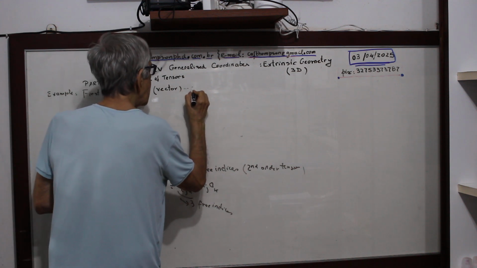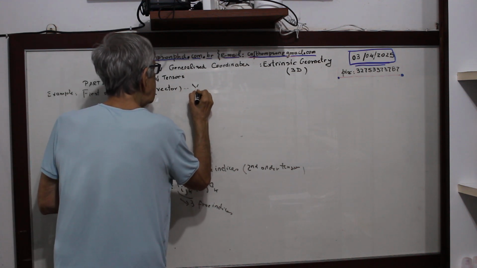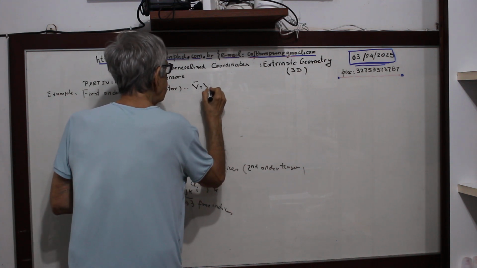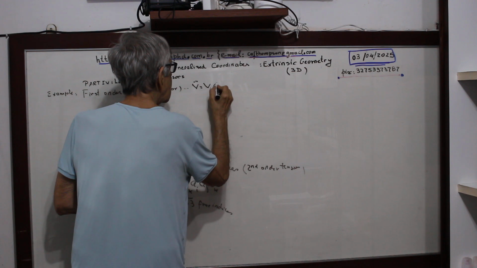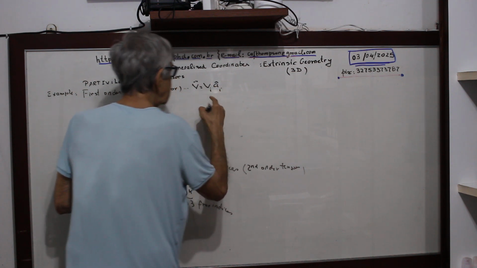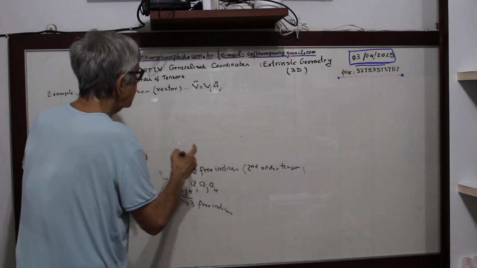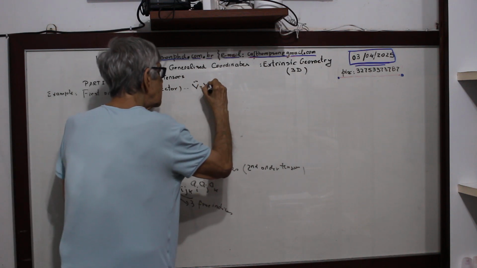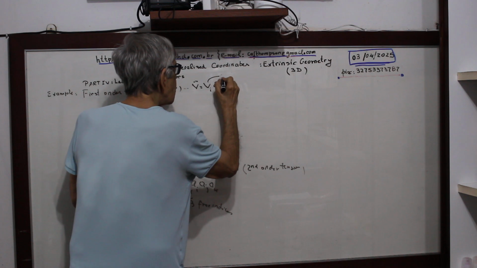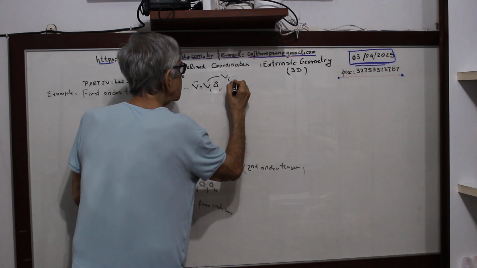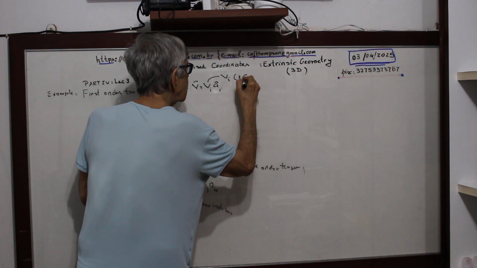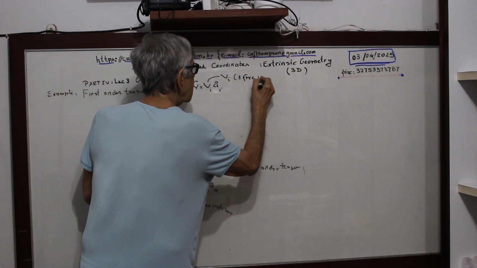Then I have, for instance, V equal to Vi Ai. Now, attention now. This is dummy, but you have the component Vi, you see, I have 1 index.